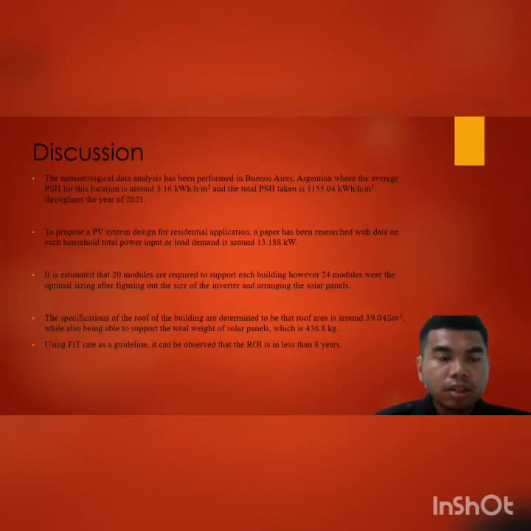And this is the discussion. The PSH for this location, in the Buenos Aires area, is around 3.16 kilowatt hour, and the total PSH taken is about 1,155.04 in 2021. The purpose of the PV system is for residential application. The paper was researched with data that each household's total power input or load demand is around 13.18 kilowatt. So they estimate that about 20 PV modules support each building.